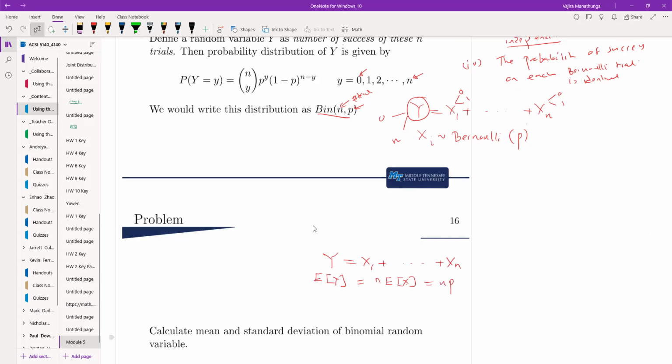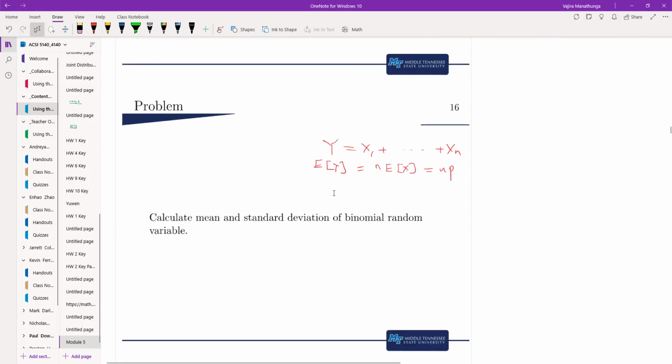We know that from the Bernoulli trial discussion. In the same way, the variance, since they are mutually independent and identically distributed, is n times the variance of one trial, n times p times 1 minus p. So that's the mean and variance.